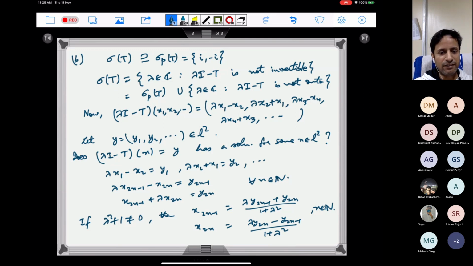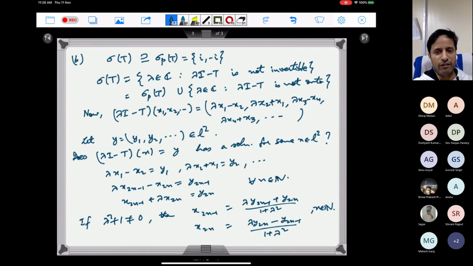It might look like that if lambda square plus 1 is non-zero, we are done, but for lambda square plus 1 equal to 0, we already know that that is in the spectrum. So we have to only see whether anything else is in the spectrum or not. If lambda square plus 1 is not equal to 0, we want to see whether it is onto or not.